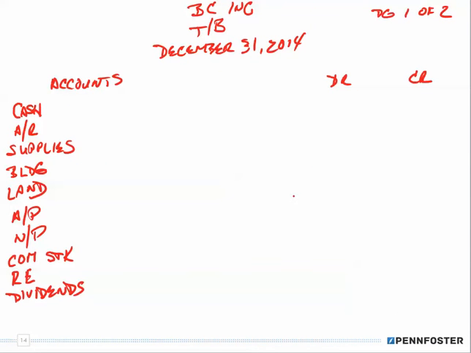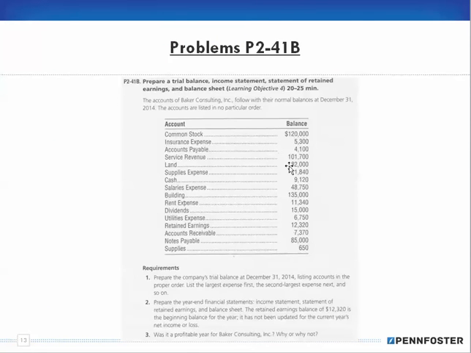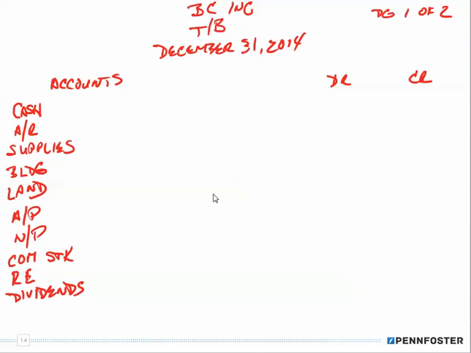Okay, so let's see, from the data here, now we have to put in the balances. The first number in the column, being cash, starts out with a dollar sign, and that ends up being 9,120. Now I know that the solutions doesn't show this dollar sign, but it's good to get practice of doing it.